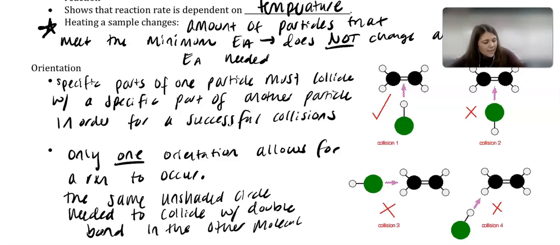So you can see in that other molecule, it shows a double bond. So this part right here, double bond. Only collision 1 shows the correct orientation. You need to have this little unshaded circle perfectly collide with that double bond.